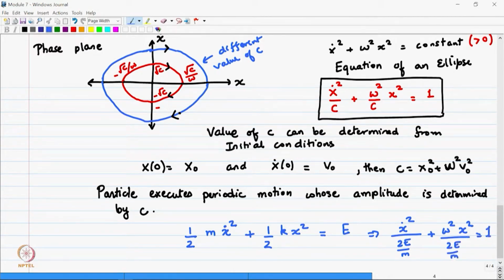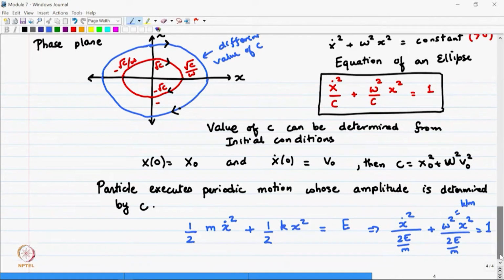Now you can see that it is exactly in this form. So what this equation represents is the conservation of energy. This says that along any one motion the energy is conserved. This is a well known property of the harmonic oscillator.